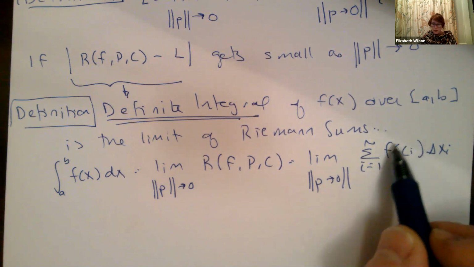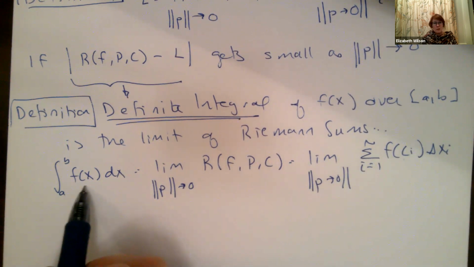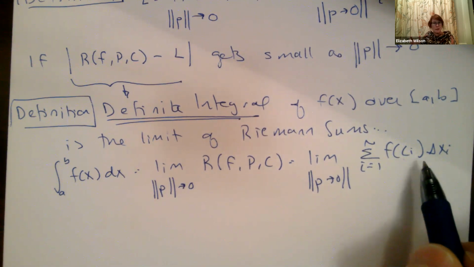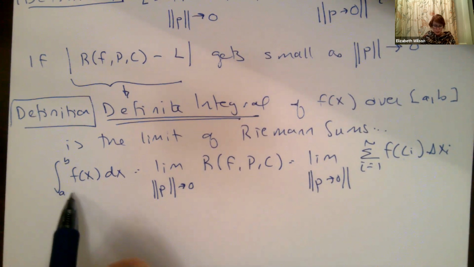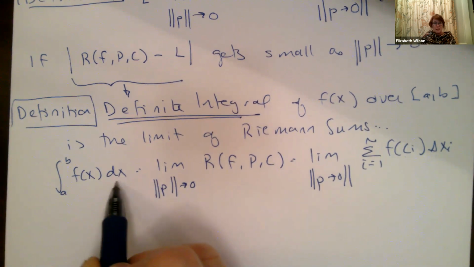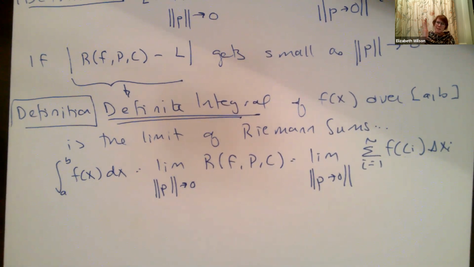The function is evaluated at a value, and I'm going to go from a to b. These values, c sub i and delta x, are based on our a to b interval. So this integral is really a summation, right? dx is this infinitely thin slice, with an infinitely thin thickness right here, and it has a corresponding height. I'm going to add up all those little infinitely thin slices, and that's going to give me the area under the curve between a and b. Okay, that's what we're trying to do here.